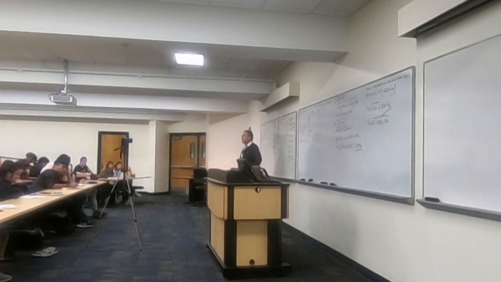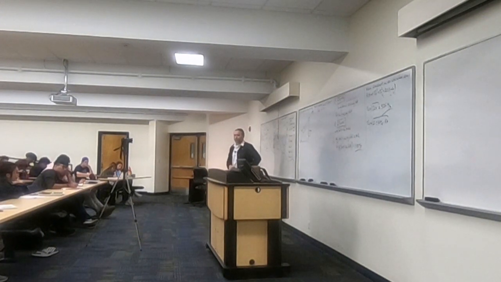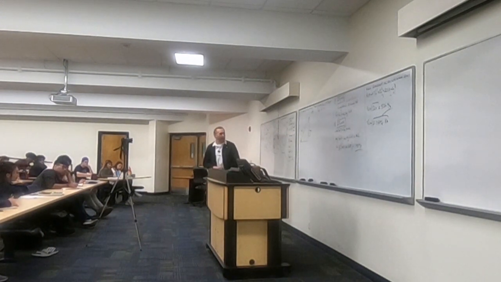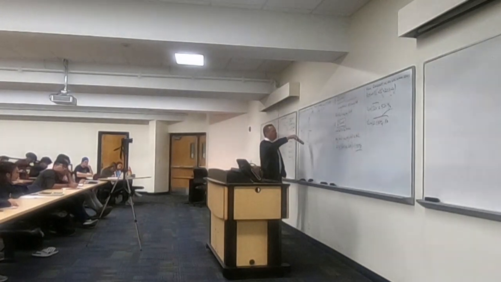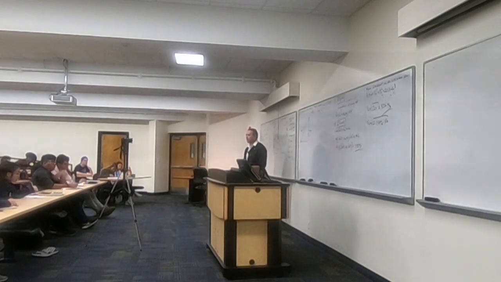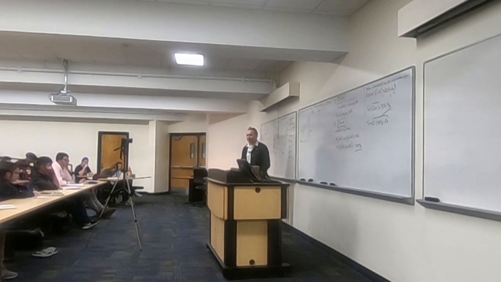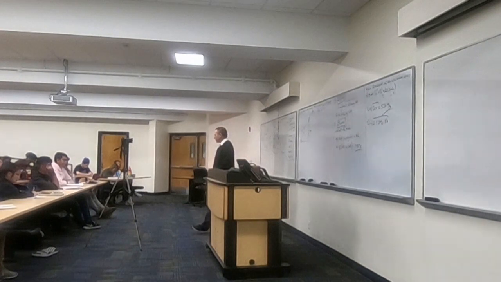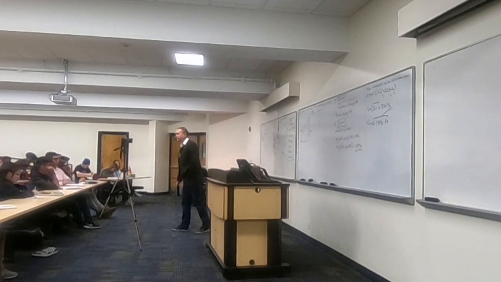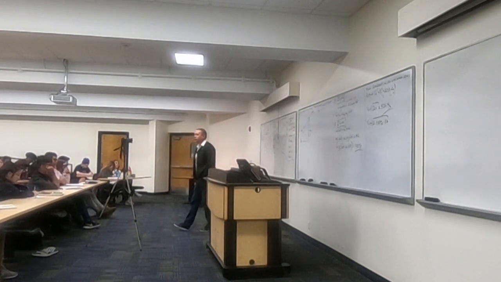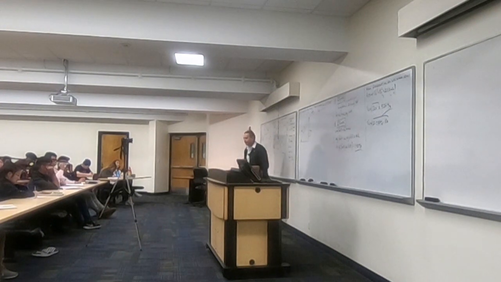Now we have two objects, not just one, so our system is two objects. And these two objects move in different directions. As a result, in this case, it's better to use two different coordinate systems.